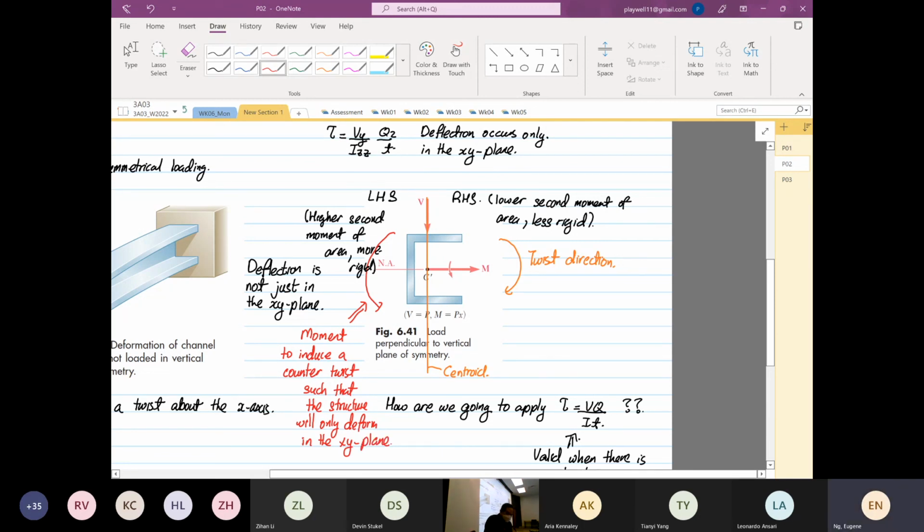Okay, so the counter twist is to get rid of the twist due to the poor rigidity of the structure.